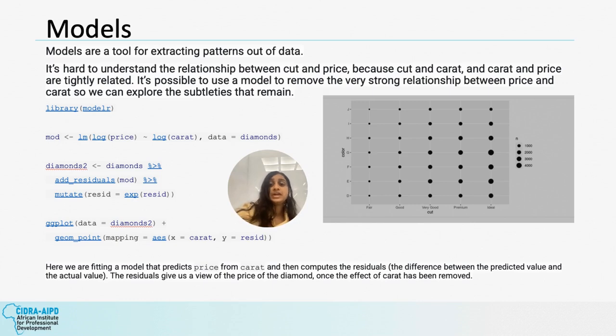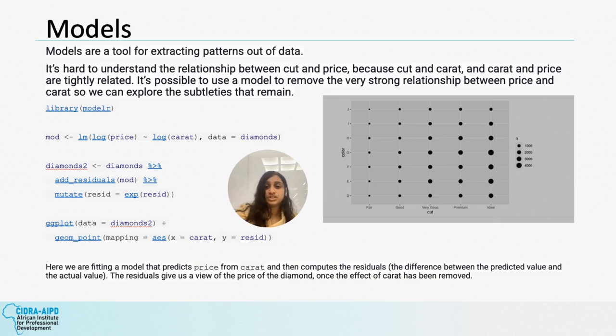So here we fit a linear model, lm, to predict log price based on log carat. Logarithmic transformations are used to linearize the relationship between price and carat, as their relationship is often nonlinear. And this model captures the primary strong relationship between price and carat.